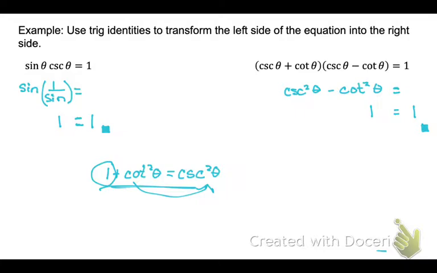Do you want to start listing all that stuff out? Nope. So, 1 step at one time, not multiple identities in a step. Now, you could use the reciprocal identity all you wanted. You could use it 6 times in one step because what did you use? Reciprocal identities. But you can't use a reciprocal and a Pythagorean in one step. Does that make sense what I'm saying?